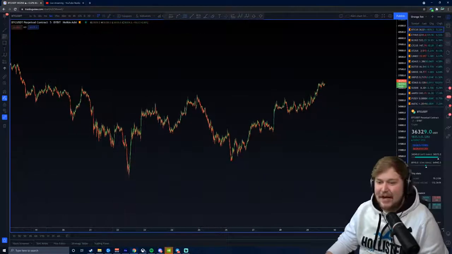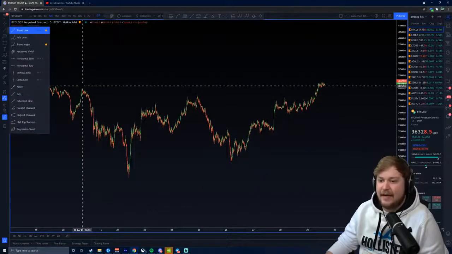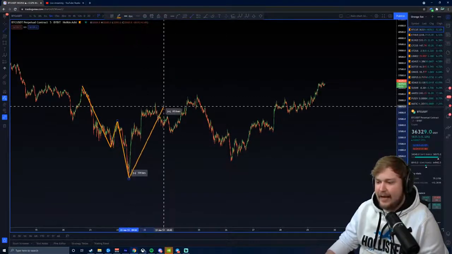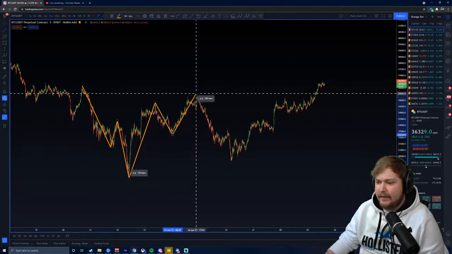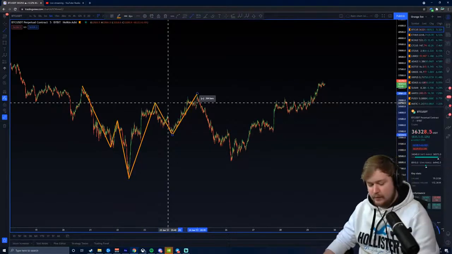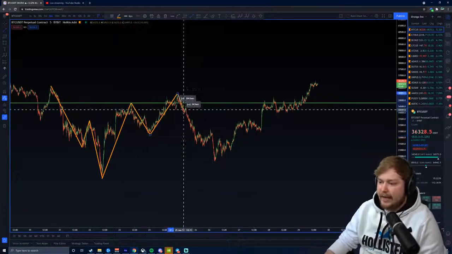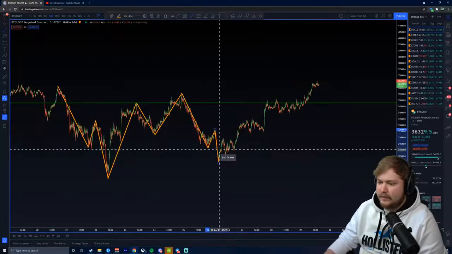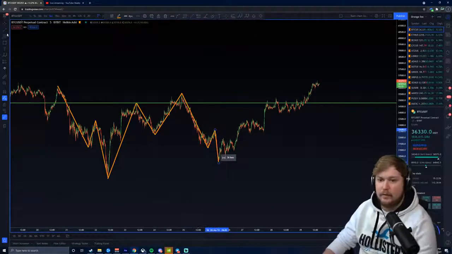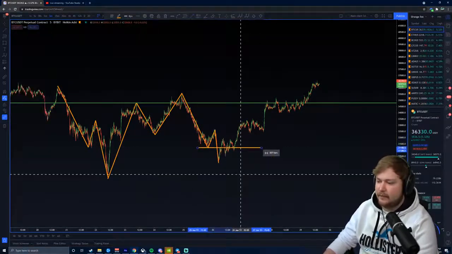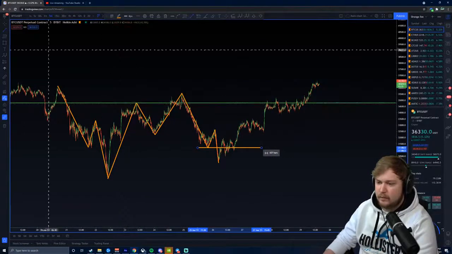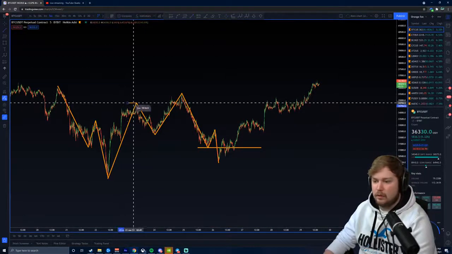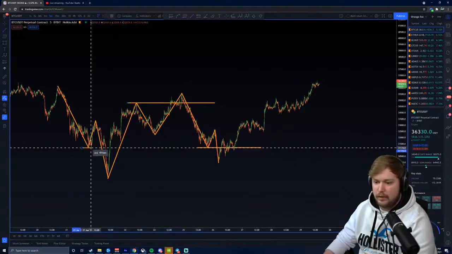All right, so we've had a couple different setups. We had A, B, C. And then we had a larger one here, A, B, C. And then we had A, B, C. Let me mark out these couple of trades here: 1, 2, and 3.